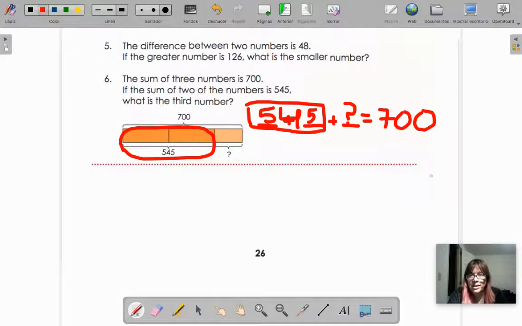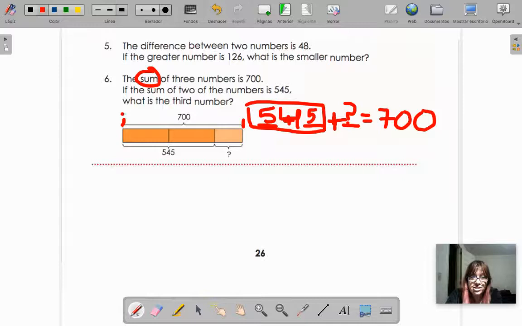Okay? Now again, when you see it like this, maybe you go, oh my God, but how do I know? How will I count from 545 to 700? That's a lot of counting. But remember that if you look at the bars, do you see how the bars help you? Again, it is what I explained before. That means that instead of doing a real addition, even if it says a sum, we are not really adding. We know the complete number from here to here is 700.